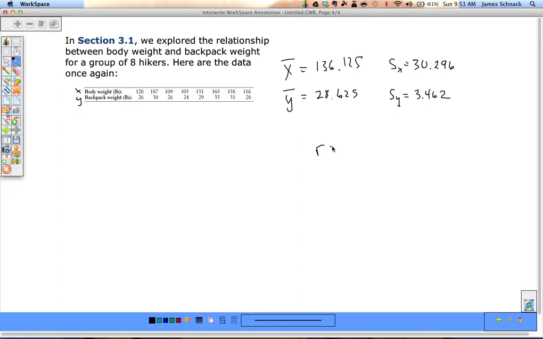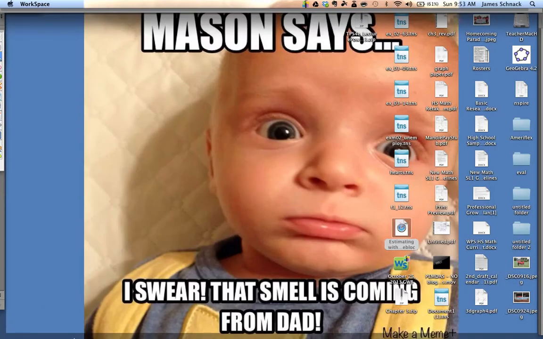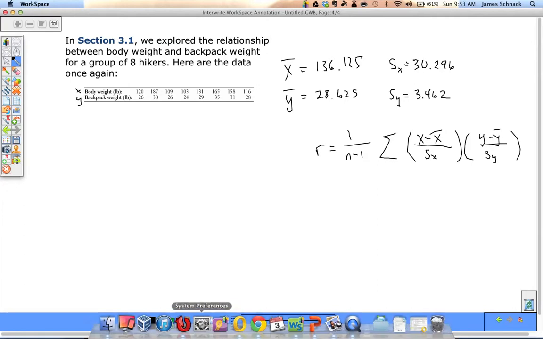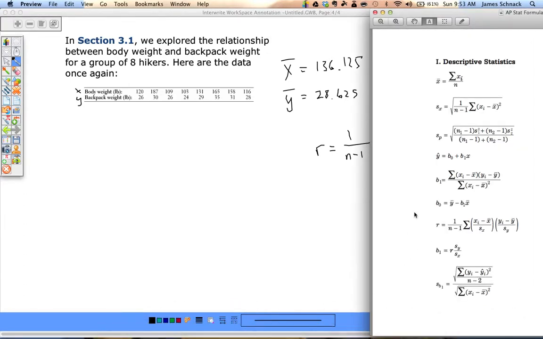We can also calculate the correlation. Remember that formula was 1 over n minus 1 times the sum of the standardized scores, the z-scores: x minus x bar over sx, times y minus y bar over sy. And just in case you're wondering, these formulas are in your AP formula packet. Here's the formula for mean, formula for standard deviation.